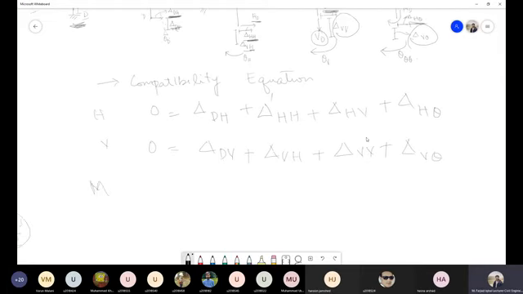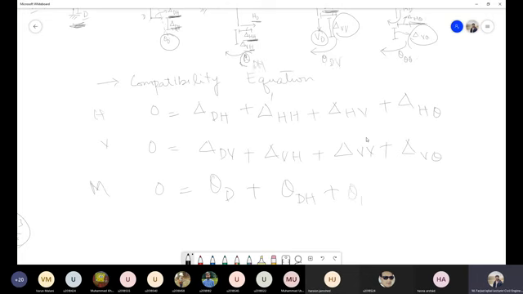And then we will write for the rotation. In the initial one, again it is 0. In the primary structure we have theta D. Then we have theta H, or I can call this theta DH. Let's call this one theta DH, this as theta DV.